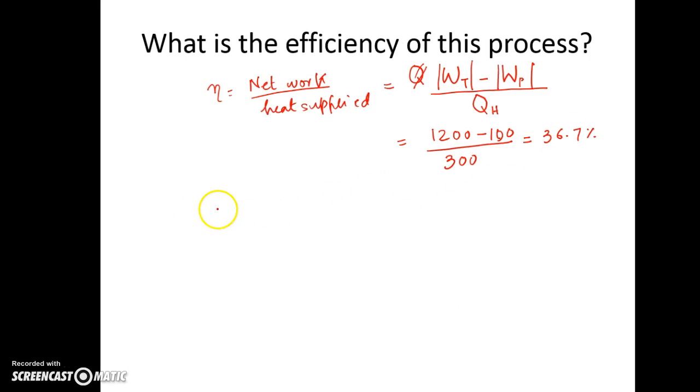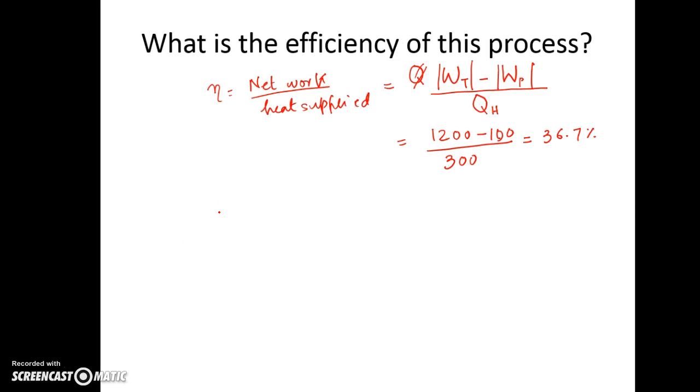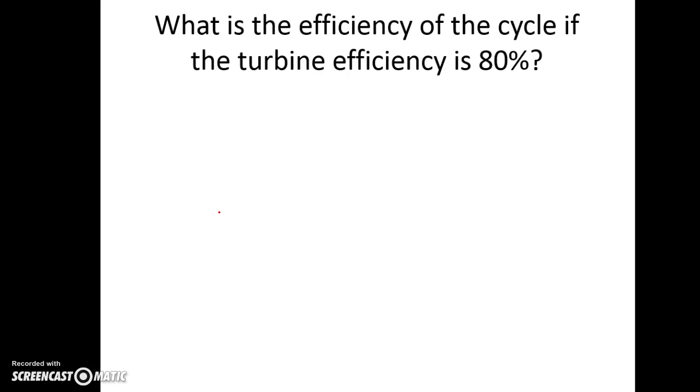Okay. So now my question is, what is the efficiency of, so this was assuming that our turbine produces reversible work. In reality, that won't be the case. So what if my turbine was 80% efficient? What that means is that the actual work done by the turbine is equal to 80% of the work done by the reversible turbine.